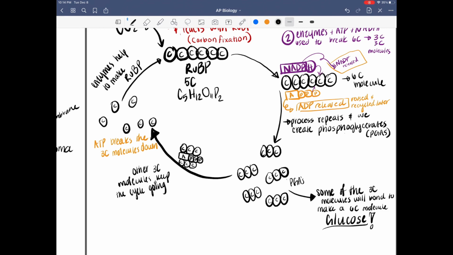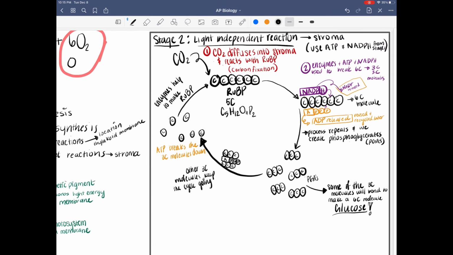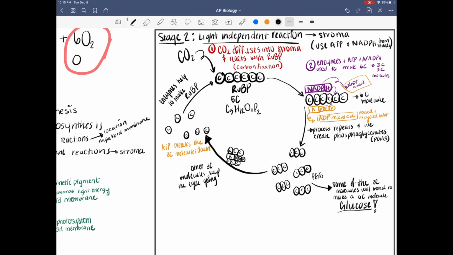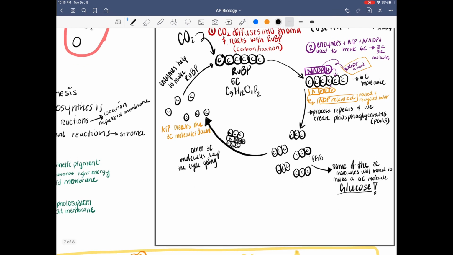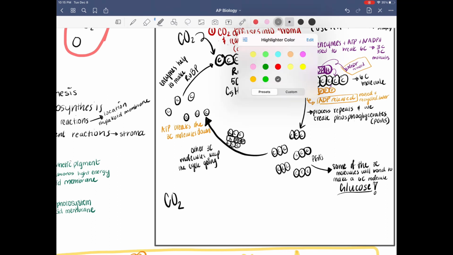We'll have carbon fixation again, breaking our 6-carbon molecule down into 2 3-carbon molecules. Some of them go on to make glucose, some go on to continue our cycle. Do y'all see how similar this is to the Krebs cycle? It is a lot fewer steps than the Krebs cycle, but it is very similar.